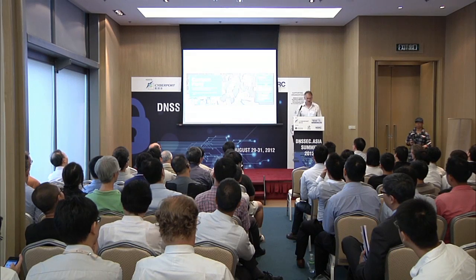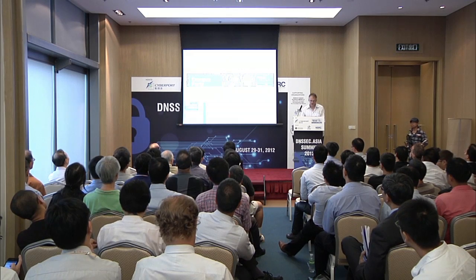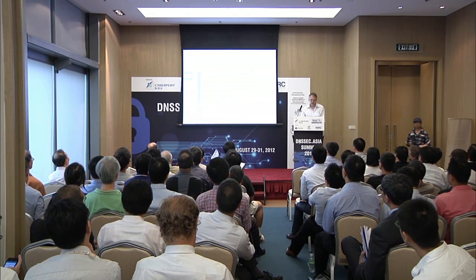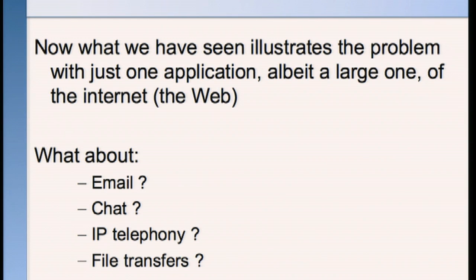Okay, because, oh yeah, that's the last thing I wanted to tell you from my presentation. This demo only is about the browser. What about email? What about chat? What about IP telephony and file transfers? Your email server, if I can spoof the DNS, I can hijack your mail, receive it, read it, and then forward it to the proper recipient, unless you're encrypting it. Of course, I can't just do it. I have to attack you.